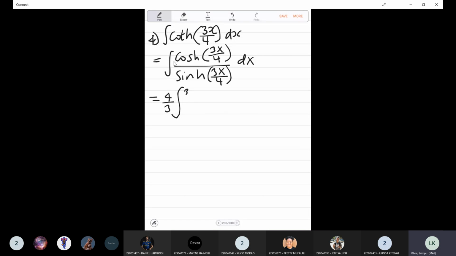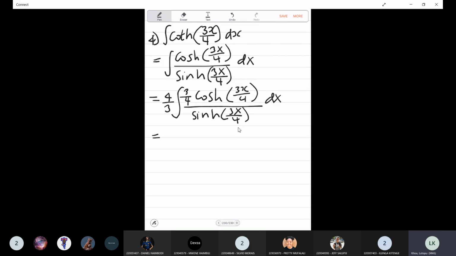So we have a 4 over 3 outside, integral, then 3 over 4 here, hyperbolic cos 3x over 4, over sine hyperbolic 3x over 4 dx. And here this is just hyperbolic sine of 3x over 4 to the power of minus 1.